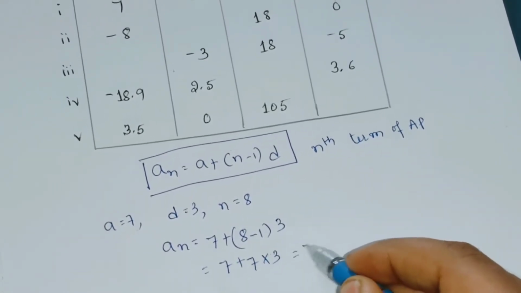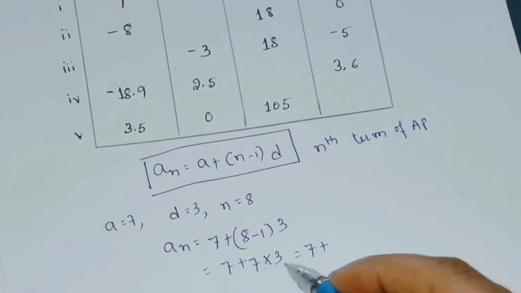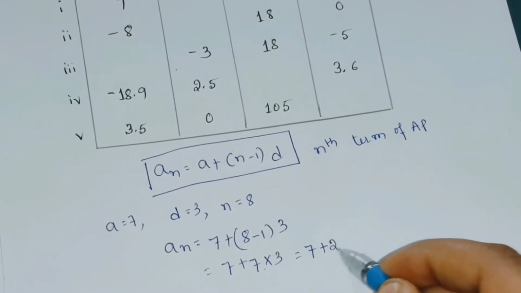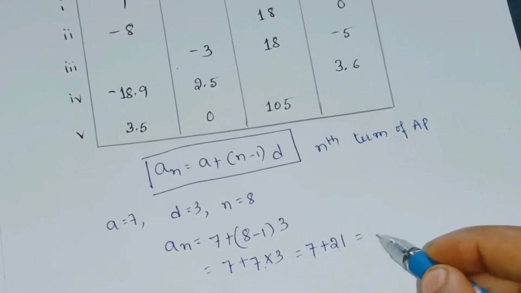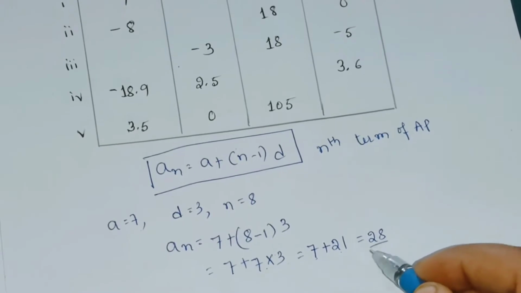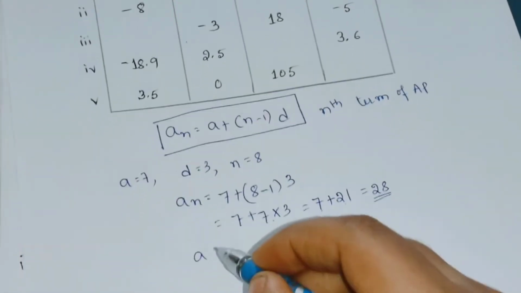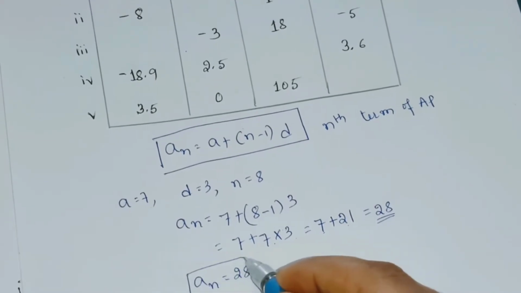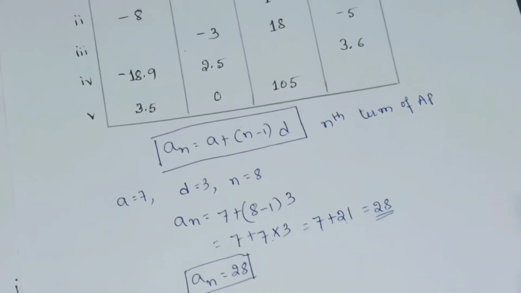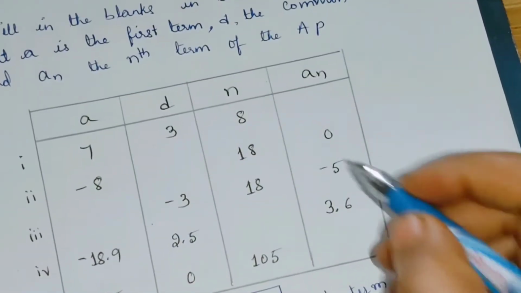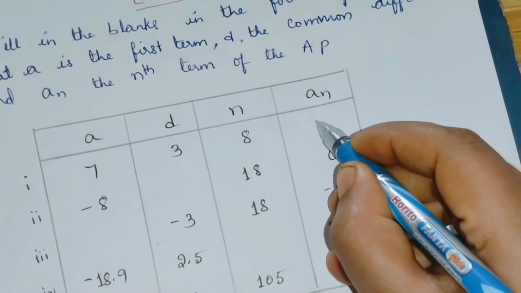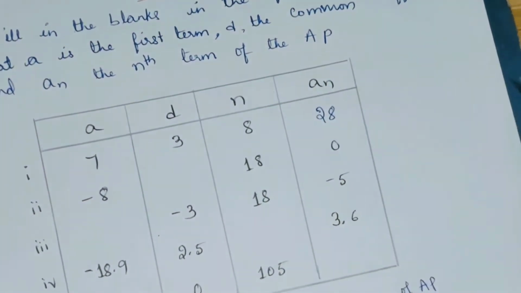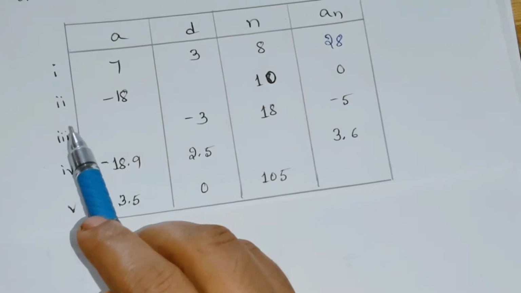This is equal to 7 plus 7 threes are 21. Then 7 plus 21 is 28. Then an is equal to 28. Whatever answer you get, you have to substitute in the blank given. Here an is 28.